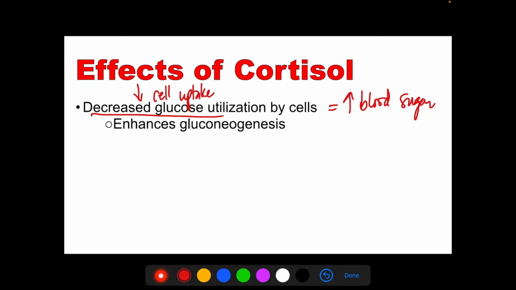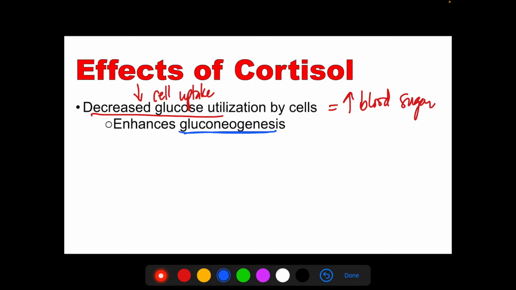And another one is it helps to maintain blood glucose concentration by increasing this process, gluconeogenesis. So that means the proteins, the fats, the amino acids are being converted to glucose. So in short, this cortisol blocks the uptake of glucose into the tissues or into the cells, and of course except to our CNS or central nervous system, because our CNS needs, of course, glucose.